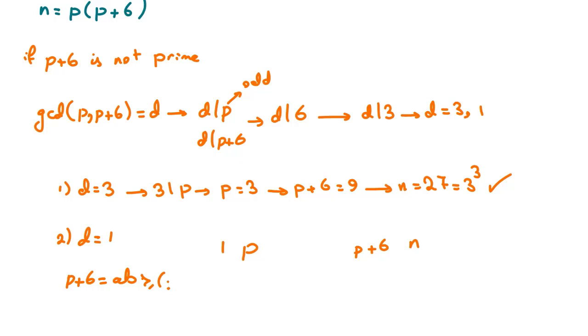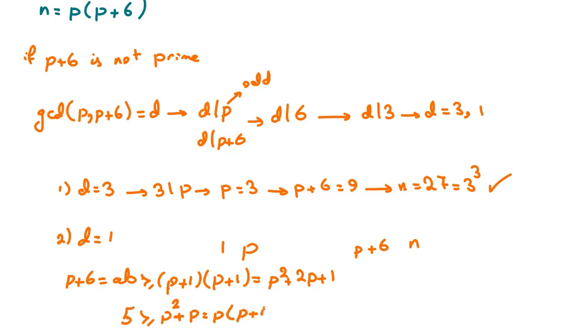It is again at least p plus 1, p plus 1. So it is p squared plus 2p plus 1. So if we subtract p plus 6 minus 1, 5, p squared plus p. This is p times p plus 1. It is at least 3 times 4, 12. It is at least 12, which is contradiction.